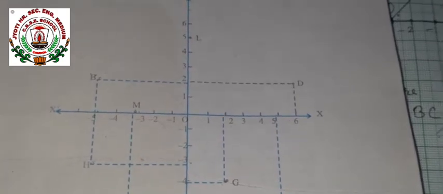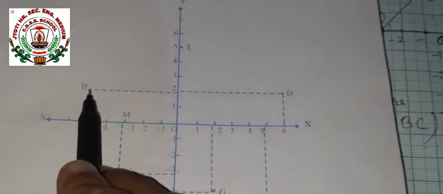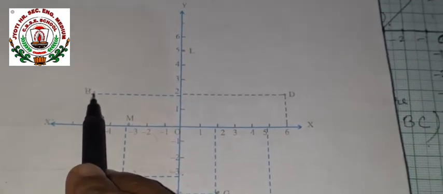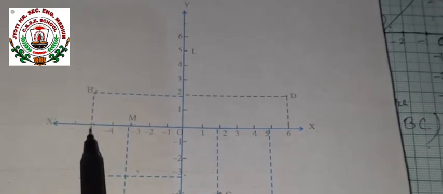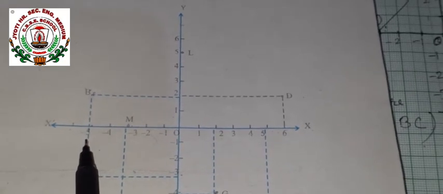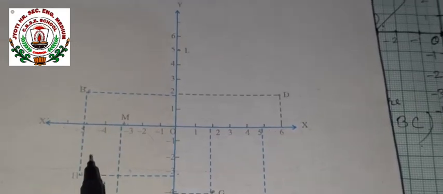So now you can see the coordinate of B. Where is B in the figure? This one. So this one's position, first we used to write what? X coordinate means x value. So here what is the x value? Just see where it is touching. That is minus 5. So coordinate of x will be minus 5. So what we will write here first?